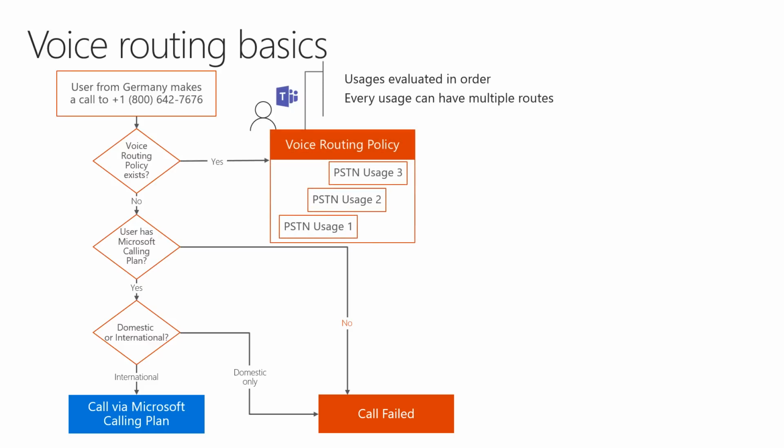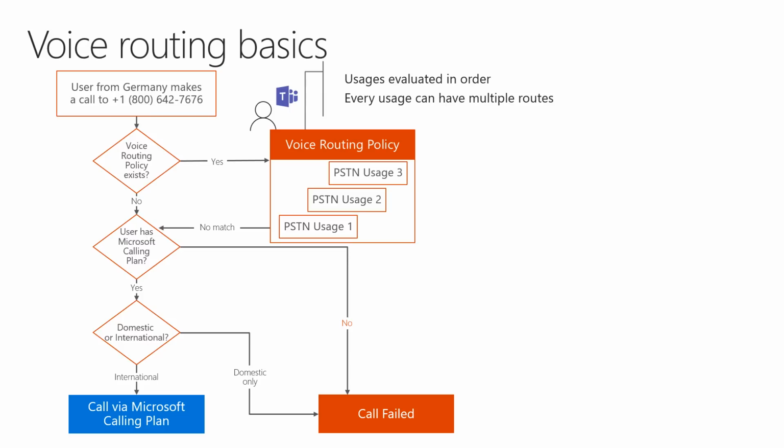But if the user actually has a voice routing policy existing, it means this user is a user for direct routing. Within this voice routing policy, there are different PSTN usages. They are evaluated in order, and each of these usages can have multiple routes. So now the system is looking first, does the user have a voice routing policy and what are the PSTN usages?